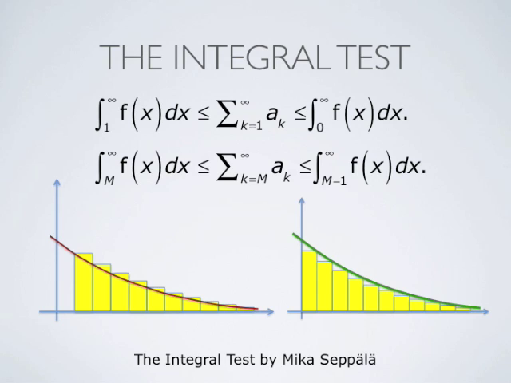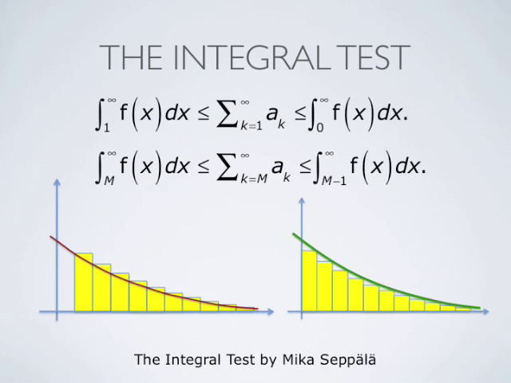In this video, we have considered a series, summation k from 1 to the infinity ak, which is such that the terms ak are given by a positive decreasing function f. If that is the case, then the series summation k from 1 to the infinity ak converges if the improper integral from 0 to the infinity f of x dx converges, and if the improper integral from 1 to the infinity f of x dx diverges, then also this series diverges.